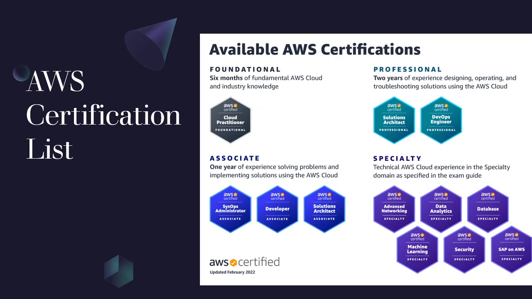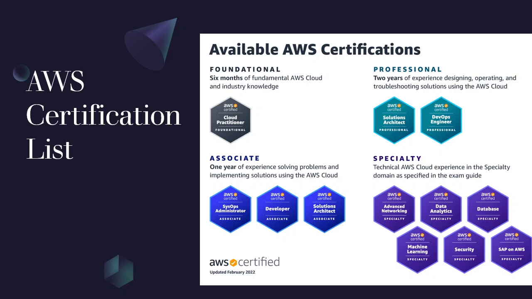But if you want to take a step-by-step approach and slowly build your knowledge of the cloud, I would suggest going for the foundational certification and then the associate certification. If you have worked in the cloud for 3 to 6 months, the Cloud Practitioner foundation certification is the best one to opt for. And if you've been working in the cloud for more than 1 year, then go for the associate certification, because if you spend 3 to 4 months, definitely you can achieve any certification in AWS.